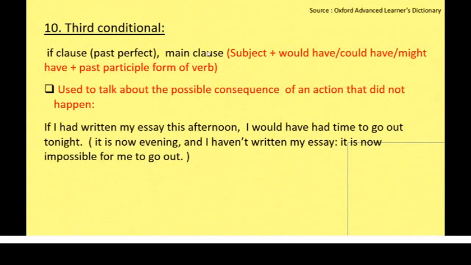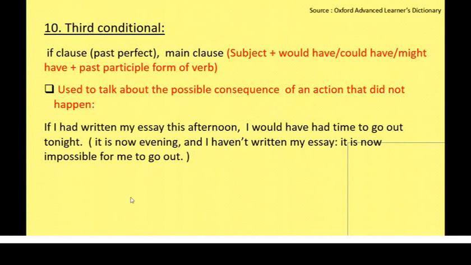Third conditional. If the if clause is in past perfect tense, the structure of the main clause will be subject plus would have, could have, might have plus past participle form of the verb. Third conditional is used to talk about the possible consequence of an action that did not happen.